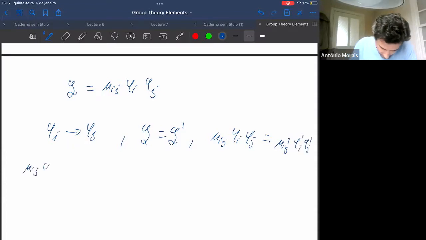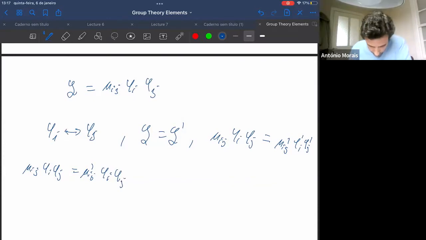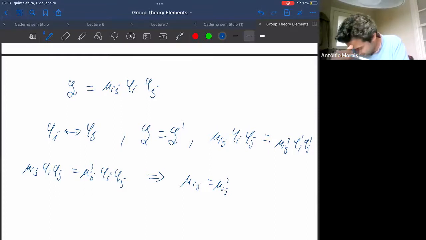So mu ij phi i phi j equals mu ij prime phi i phi j, because they go into each other, which would tell us that in this case it is simply mu ij to mu ij prime. But I'm trying to see, because I don't want to give the exact same results.